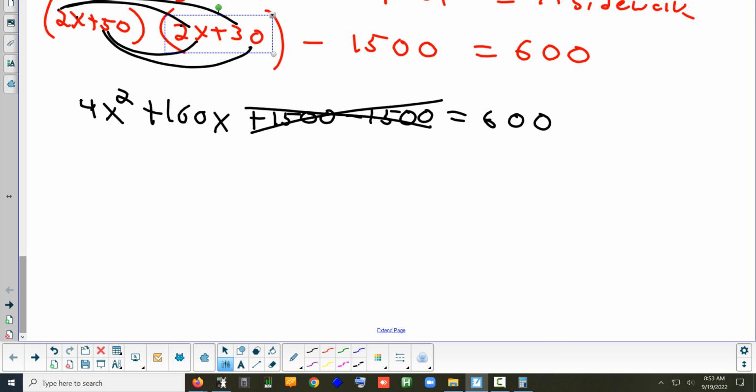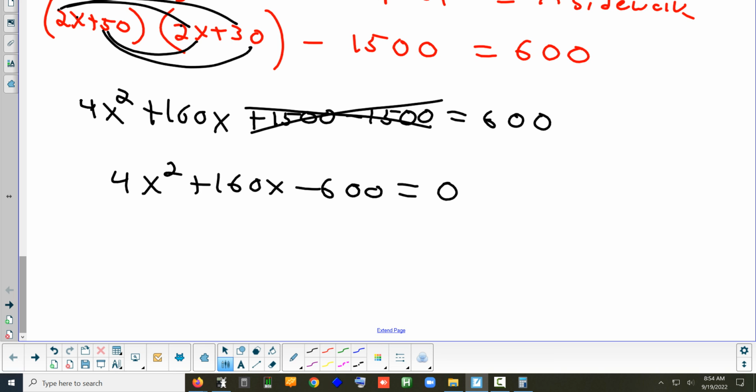You want to get your equation equal to 0. So, Chris, how would I move the 600 to the other side so I'd be left with nothing over here? You would subtract 600 from both sides. Yep, subtract 600 from both sides. And that's how we set it up to solve a quadratic equation.